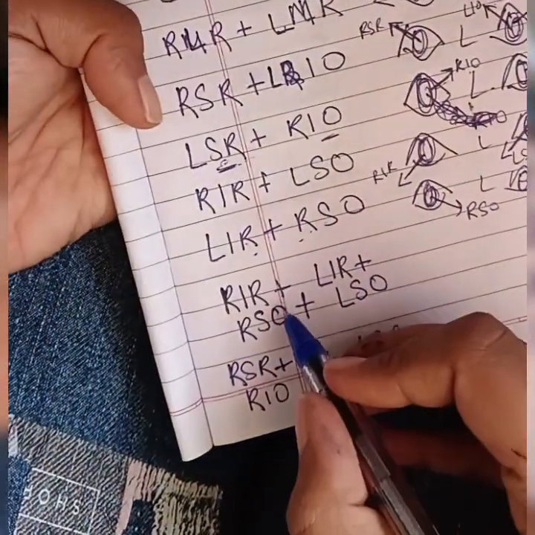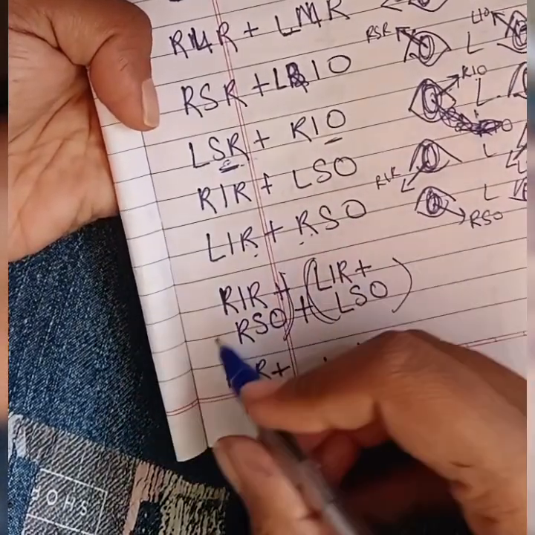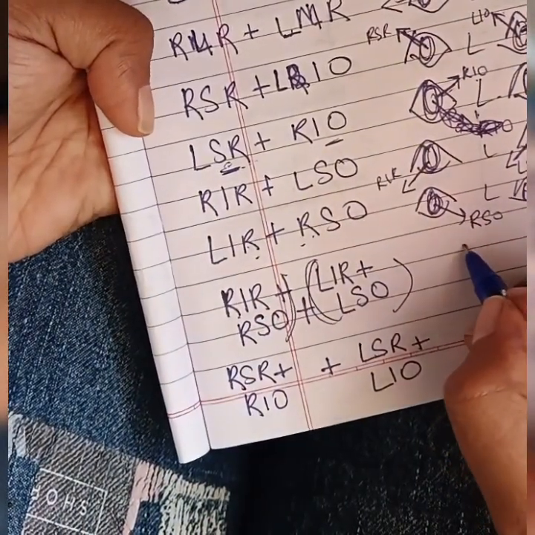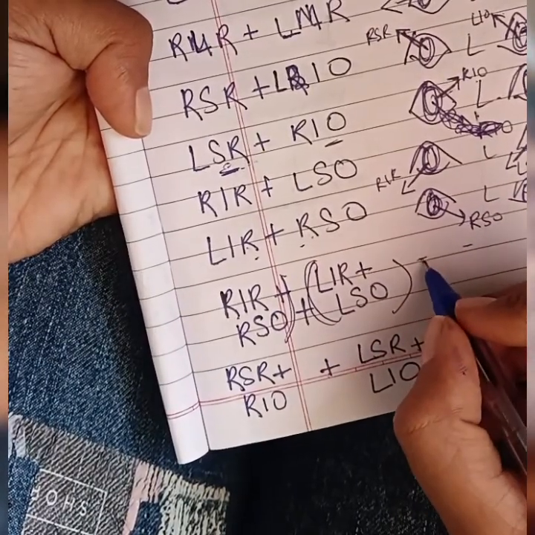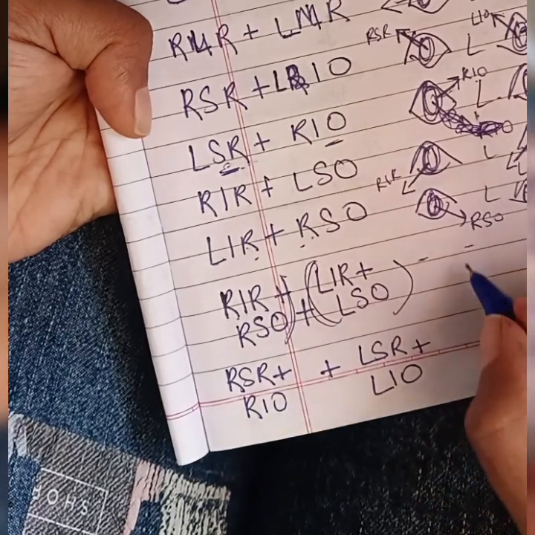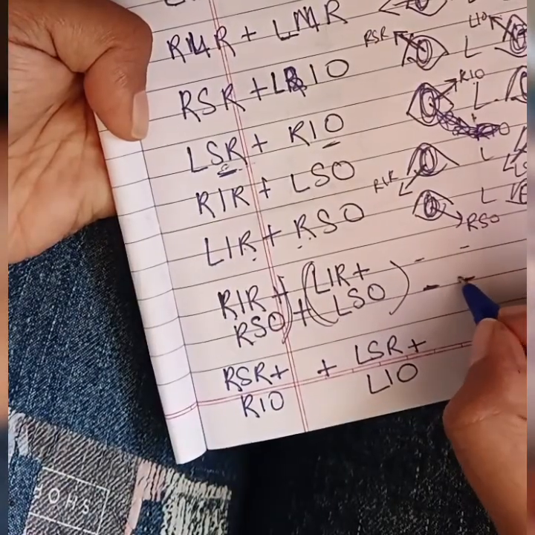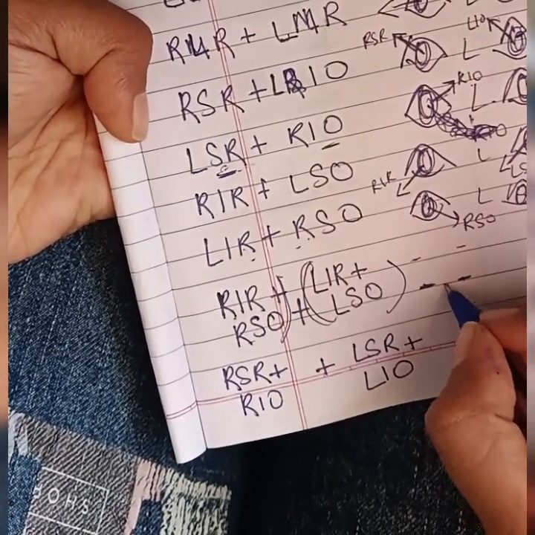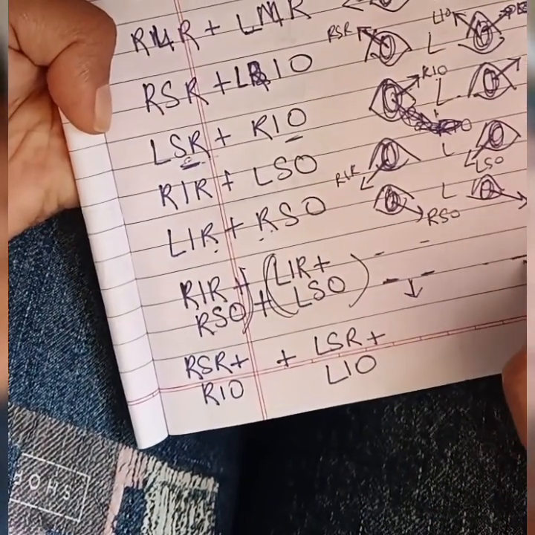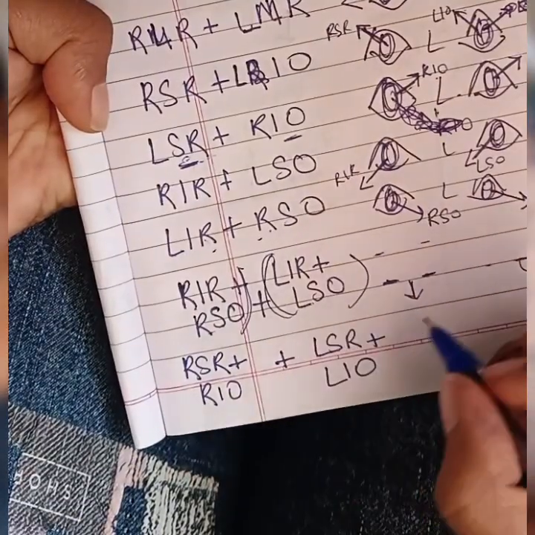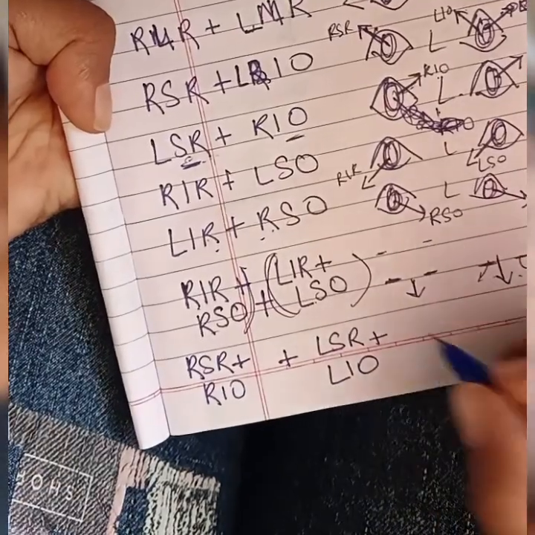Then comes your right inferior rectus plus right superior oblique plus left inferior rectus plus left superior oblique. So we know that the right inferior rectus in depression and right superior oblique in depression towards adduction together would result in depression. Similarly, your left inferior rectus, that is in depression and abduction, and your left superior oblique, that is depression and adduction, would result in depression.